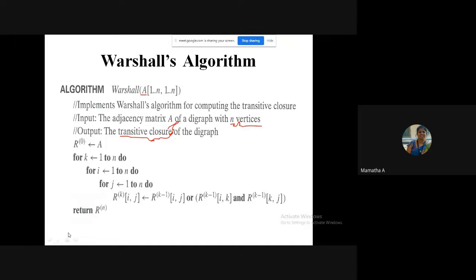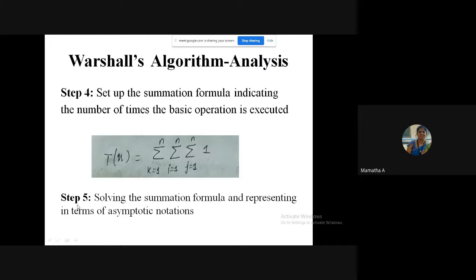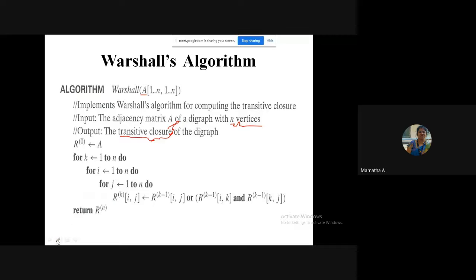So as you all know, we have to compute the matrices. What matrices do we compute to get Warshall's algorithm? What are the matrices that we compute, students?